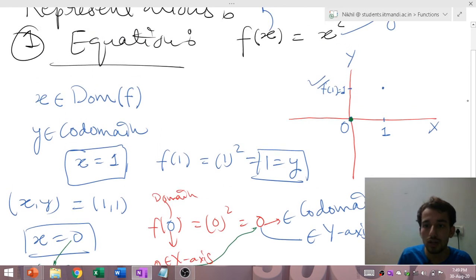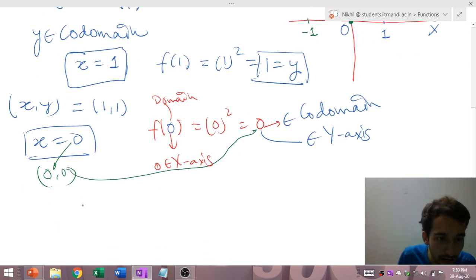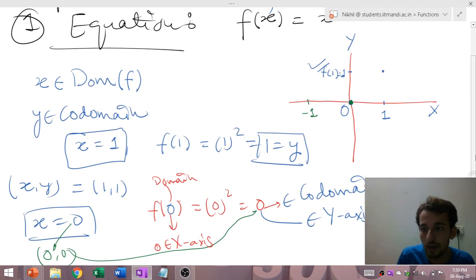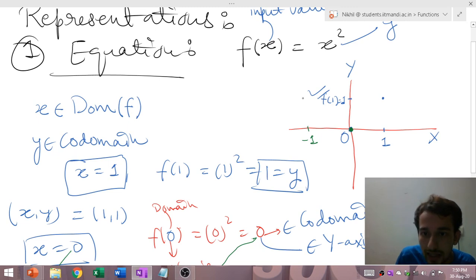Similarly, if you choose your x to be minus 1 here, then you can easily see that your f of minus 1 is simply minus 1 squared, which is 1. So the ordered pair which you are going to represent is minus 1 comma 1. So this height will remain the same over here.